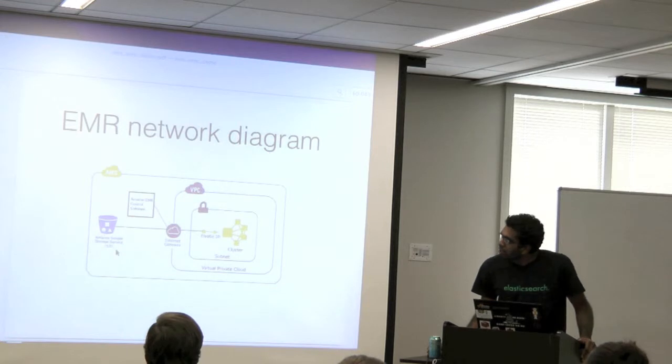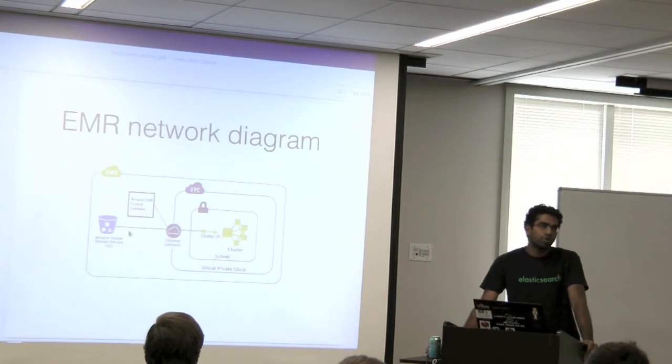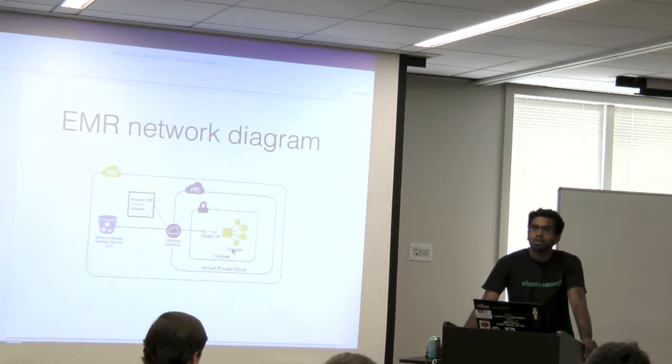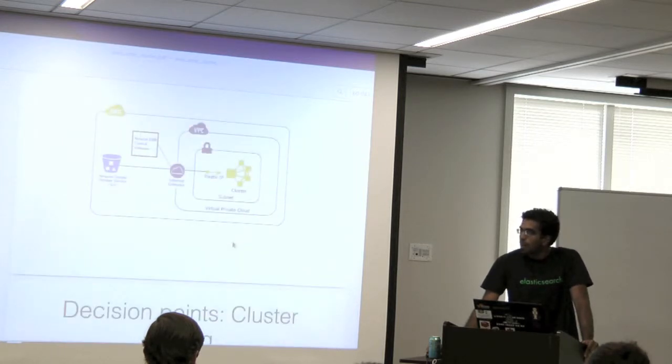This is a virtual private cloud, which corresponds to your secure environment where all your instances lie. And this is the public subnet inside the virtual private cloud. It's connected through an internet gateway to the internet at large because it needs to access S3. So that's the basic architecture, and that's how AWS has it implemented. And this is your actual Hadoop cluster within everything.